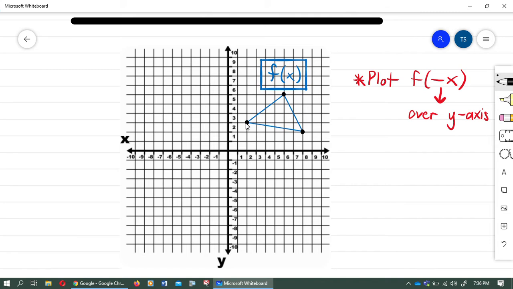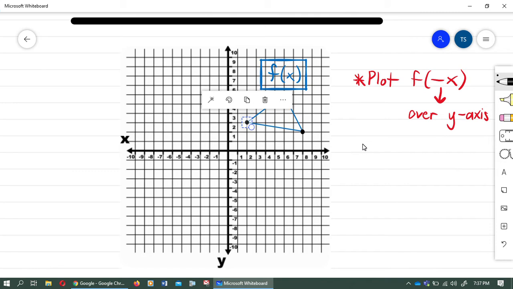If we were going to reflect that point over the y-axis, then when we reflect it, it needs to be the exact same distance away from that line of reflection. So it needs to be the exact same distance away from the y-axis when we flip it to the other side of the y-axis. So guys, here's the question.